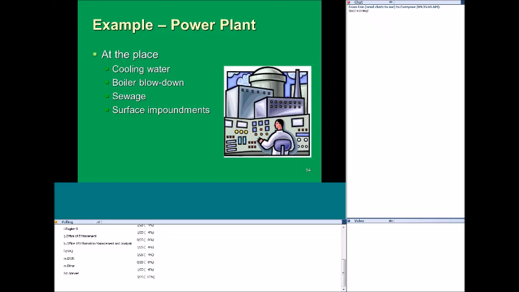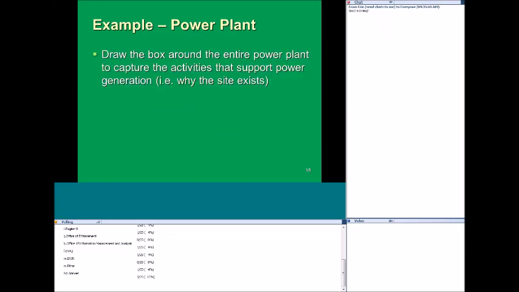But again, it's all tied to being a power plant, supporting that activity. So draw your box around the whole power plant, because that's why the site exists, being a power plant.